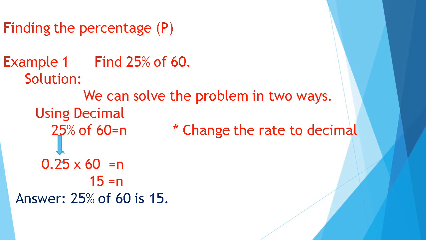So we will let n be the missing number. 25%, we are going to change the rate to decimal. So it becomes 0.25, or 25 hundredths, times 60 is equal to n. So the value of n is 15. So the answer is 25% of 60 is 15.